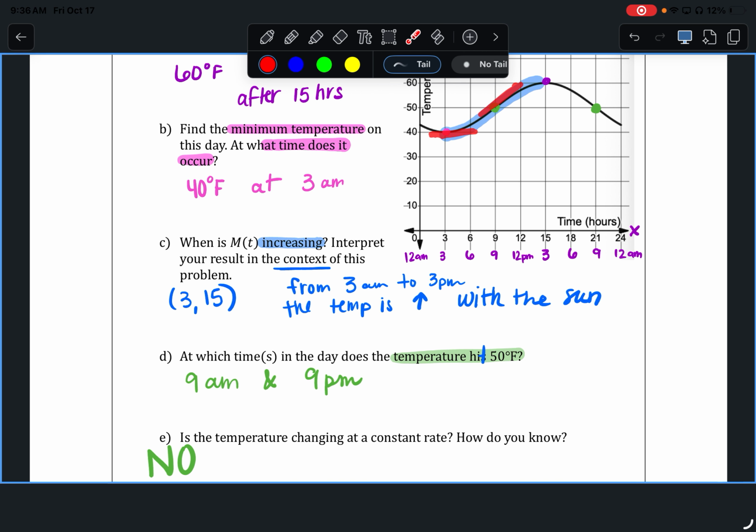No, it's a completely different slope, right? The only time you have a constant rate is if you have a perfectly straight line. If there is any curve to it, it's not constant. So this wouldn't have a constant slope, but this does. Okay, straight lines have constant stuff, curves don't. So no, the slope is changing.